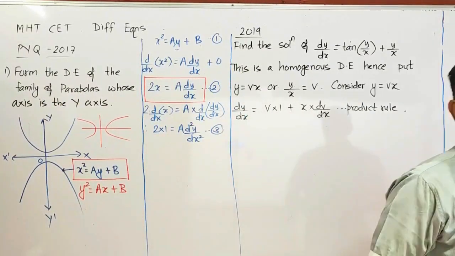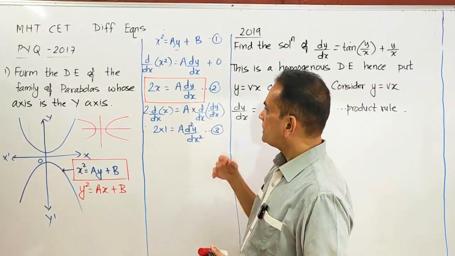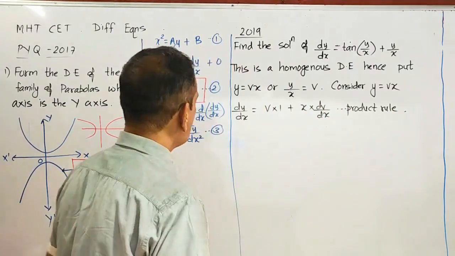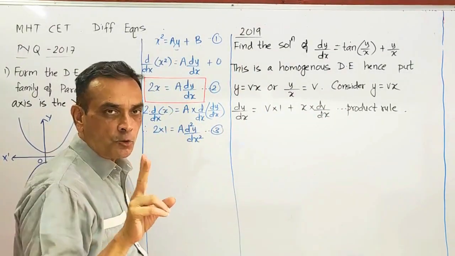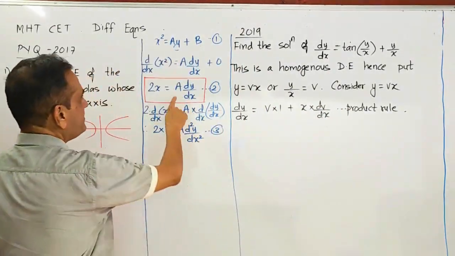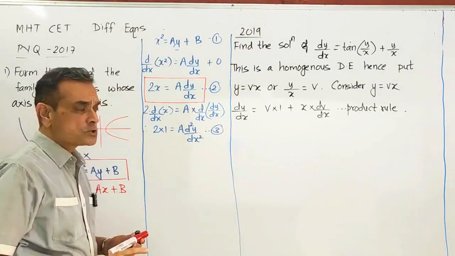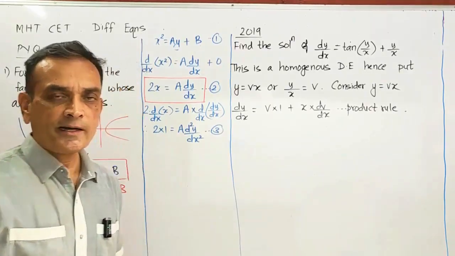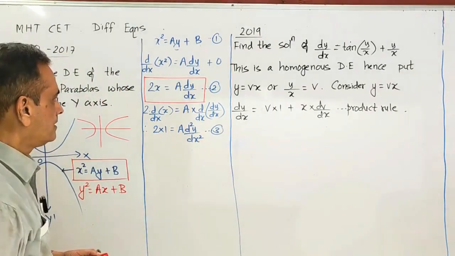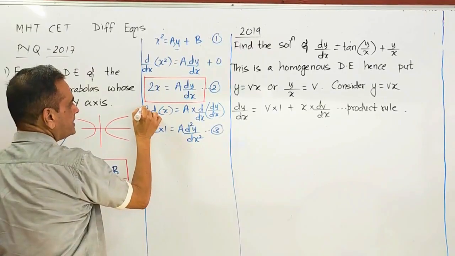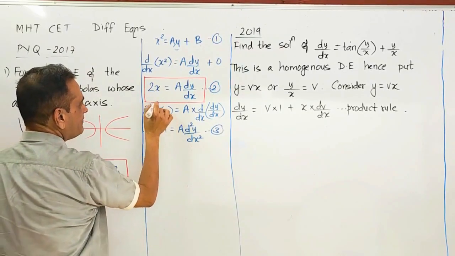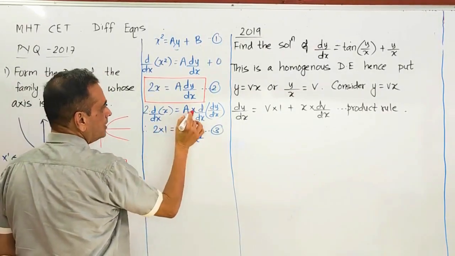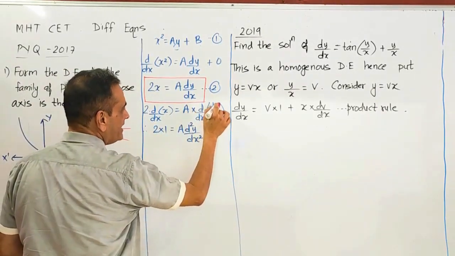b has been removed, b has become 0, b is not here anymore. So as I told you, now we have to remove a. If you have to remove a, differentiate with respect to x again. We are doing it two times because there are two constants, a and b. So take this equation and differentiate with respect to x again. With the constant aside, d by dx of 2x, and a is kept aside, d by dx of dy by dx.